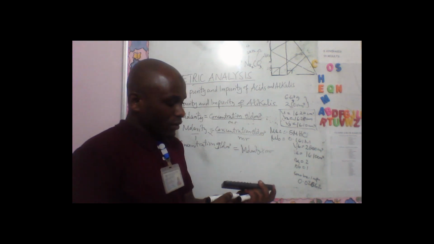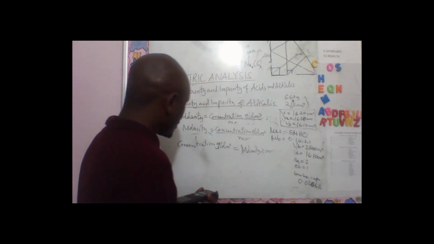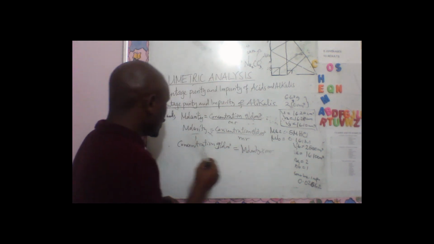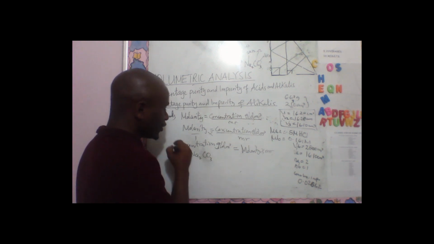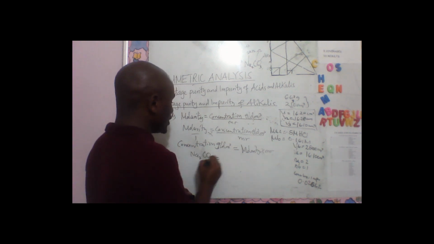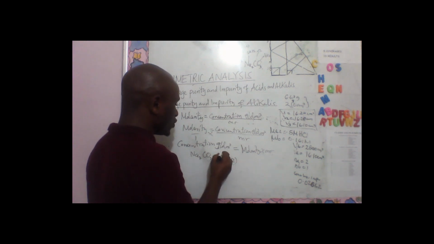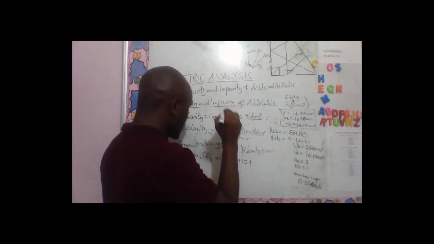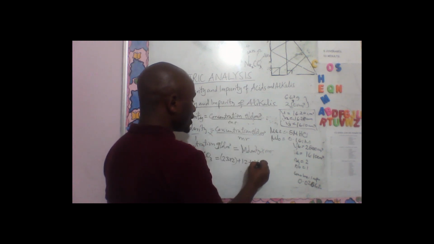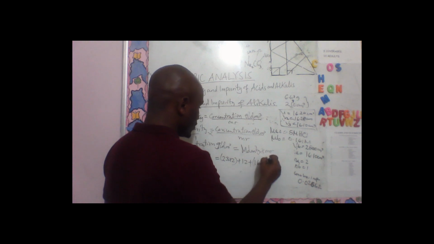So sodium carbonate is equal to 23 times 2 plus 12 plus 16 times 3.